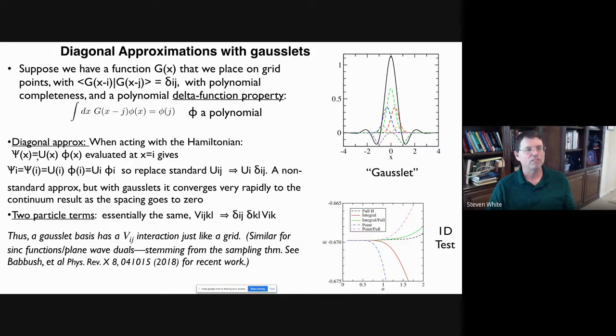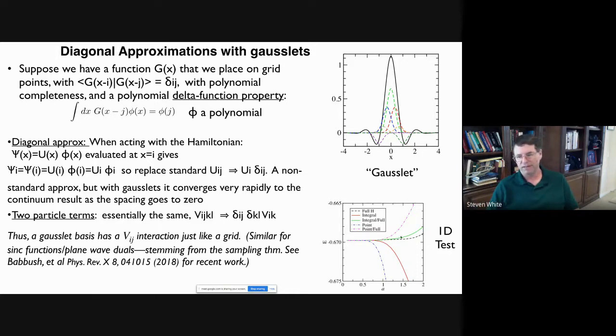And you can use the delta function property to just sample these. What you immediately see is that you can take the standard Uij that we have for an interaction with 2 indices and just make it diagonal. And it turns out that this non-standard approximation converges very rapidly to the continuum result as the spacing goes to 0.